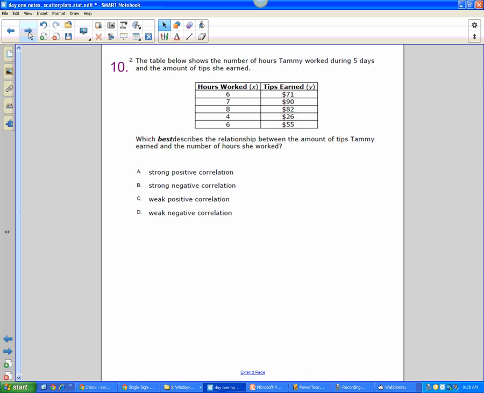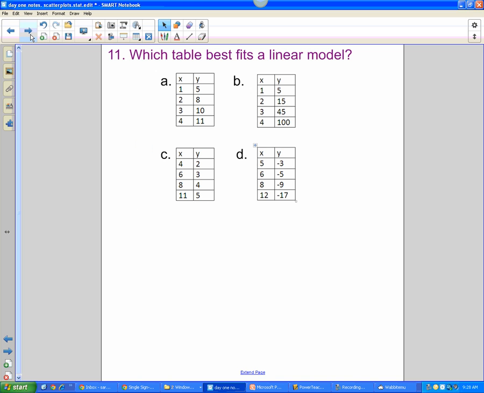Okay, last two. Number 11, Brandon, hold on just a minute, and let me explain it, then you can go to town. Which table best fits a linear model? What do you think it means by linear model? Like, what does linear mean? A line. So it's saying which one of these best fits a line.